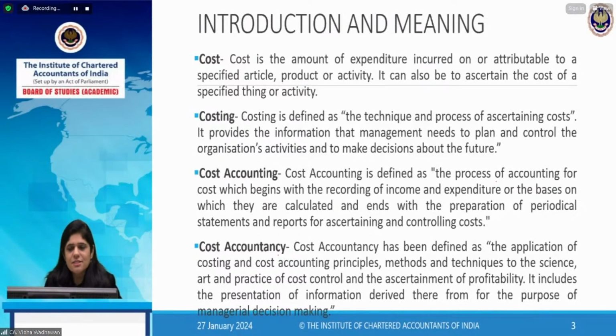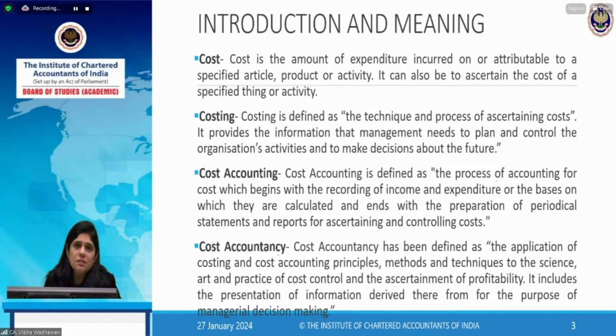Costing is the technique and process of ascertaining cost. Cost is the expenditure, and costing is the process of how we compute, calculate, and ascertain cost. It provides the information that management needs to plan and control the organization's activities. Costing is required for managerial decision making, for fixation of prices, and many other things which you'll be learning.